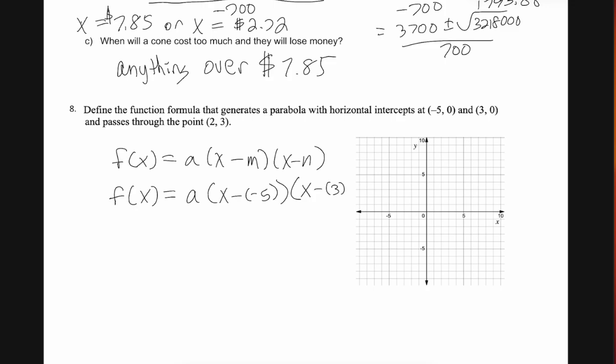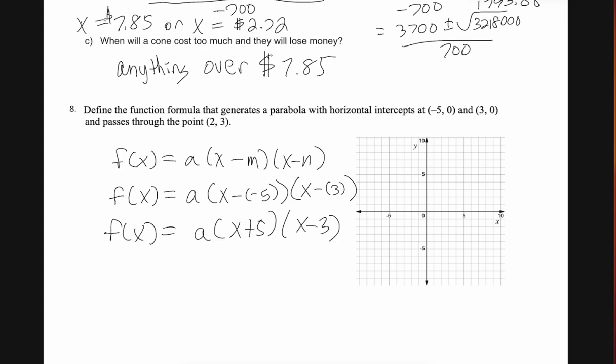So the m and n are -5 and 3. They've solved that for us. So our equation looks something like this: x plus 5 and x minus 3. It always becomes the opposite of what those intercepts, those roots or zeros, happen to be.